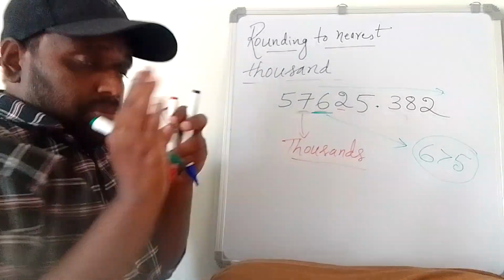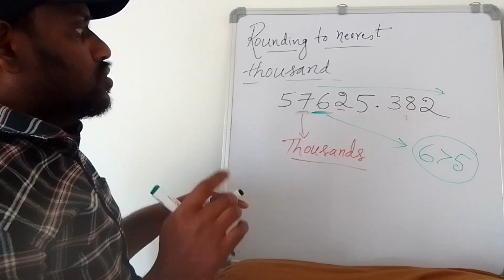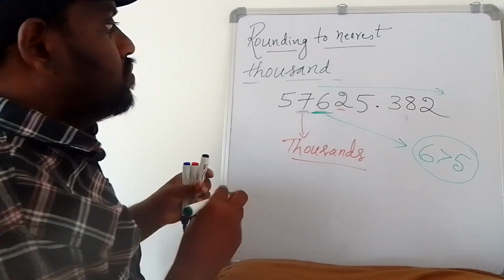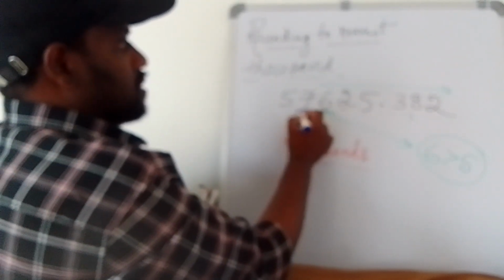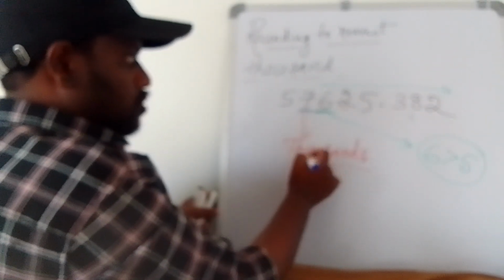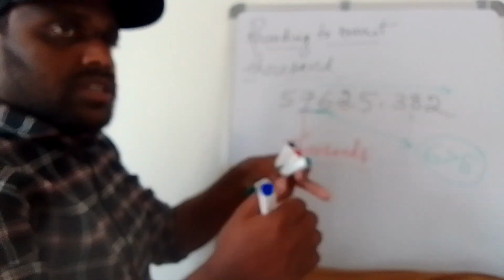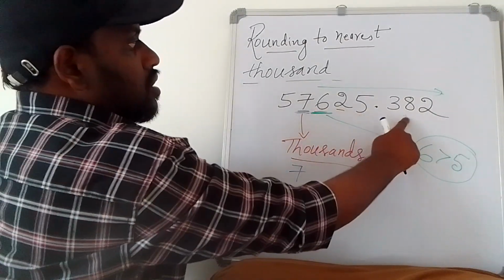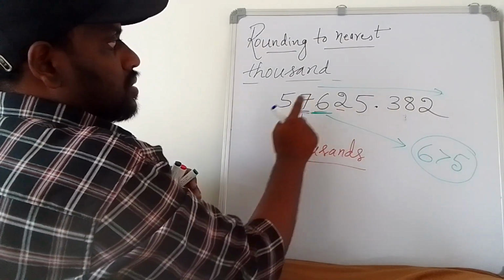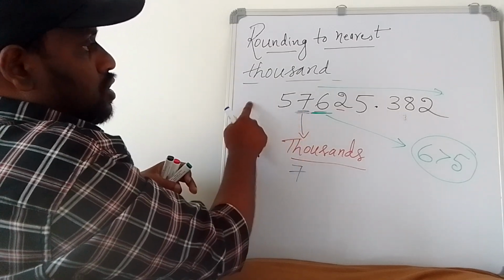Okay. So before adding 1 to this digit, first what do you have to do? It's very important, you have to take this digit which is in the thousands place and all other digits which are present before this digit. These digits are present after this 7, but this 5 is present before this digit. If there are other digits, you have to take all those.